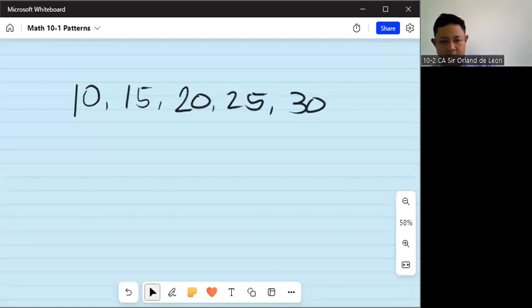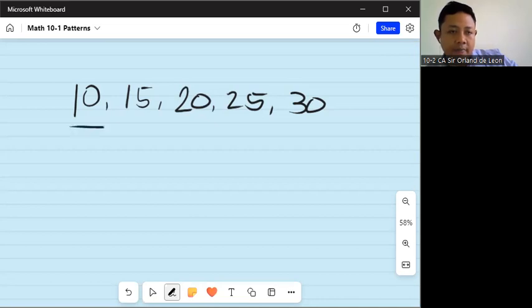Type it in the chat box, please. How many numbers are there in this pattern? Okay, please be participative. Very good. Thank you. Correct. There are 5 numbers. So these numbers are 10, 15, 20, 25, and 30.